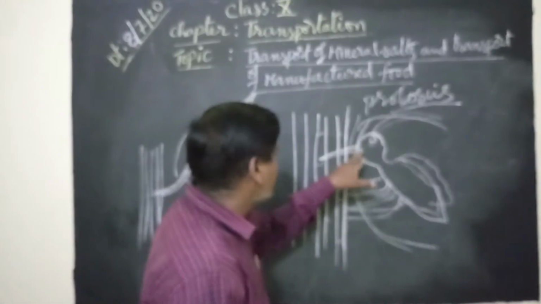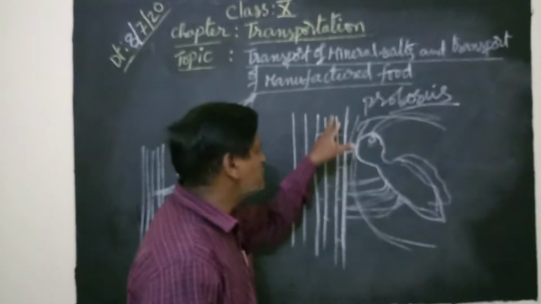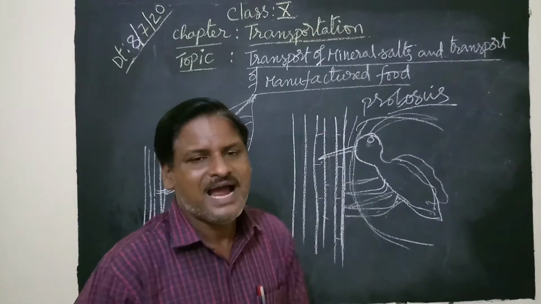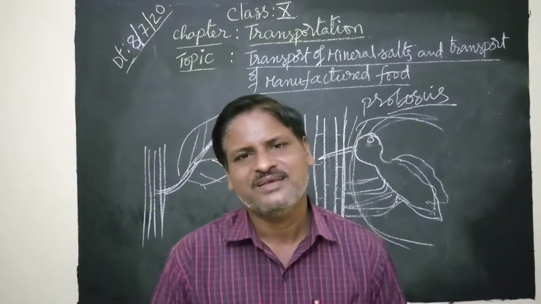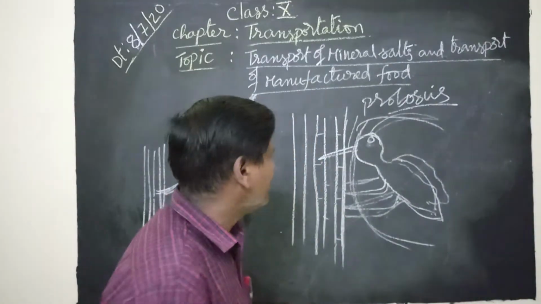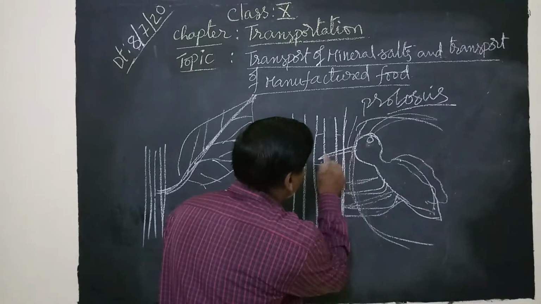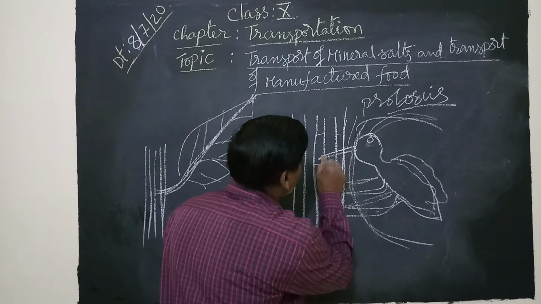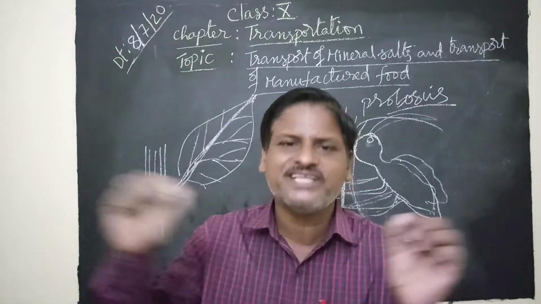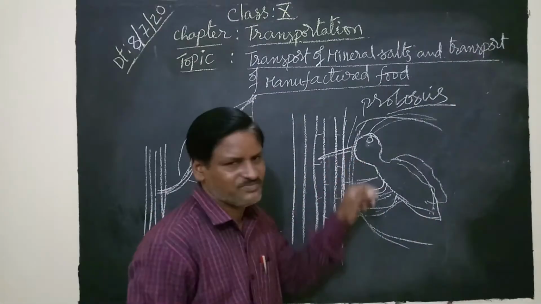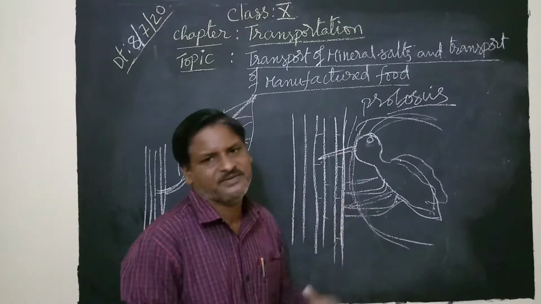It pierced its proboscis into the phloem vessels, and it was sucking glucose or amino acids. Then, if they observe the pierced part, after removing the proboscis of the aphid, some small drops are coming out from it.